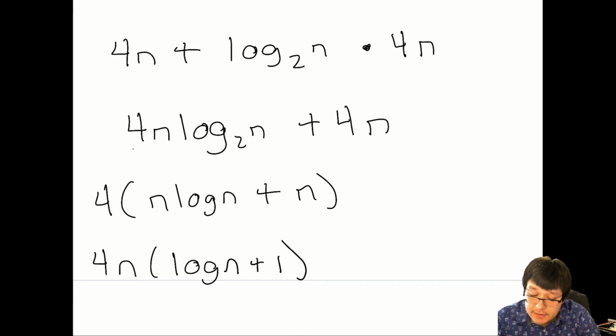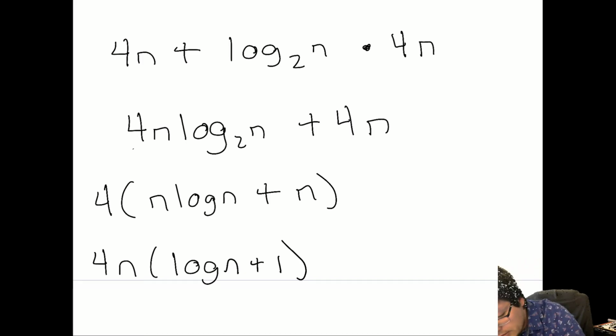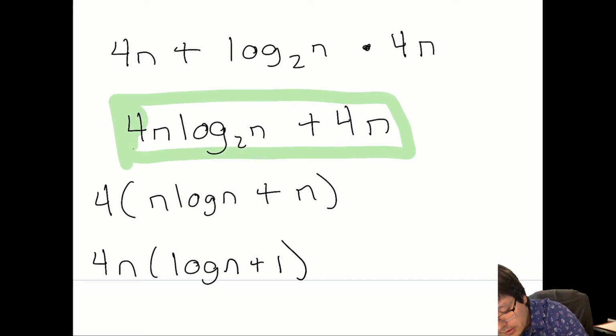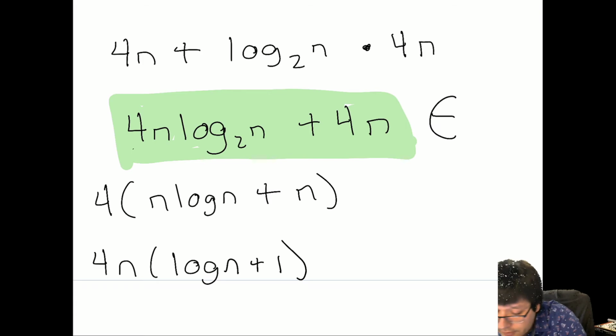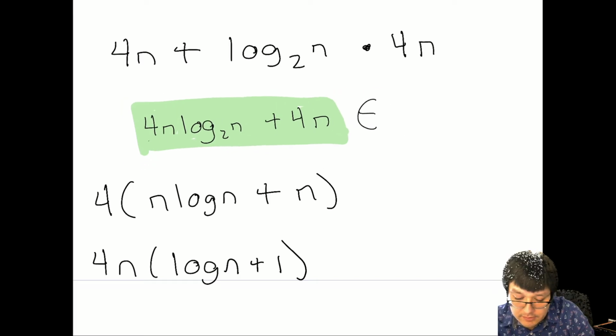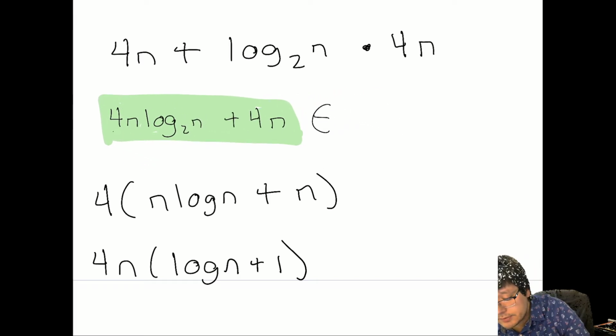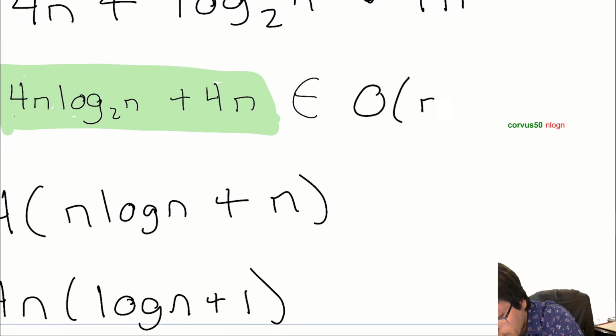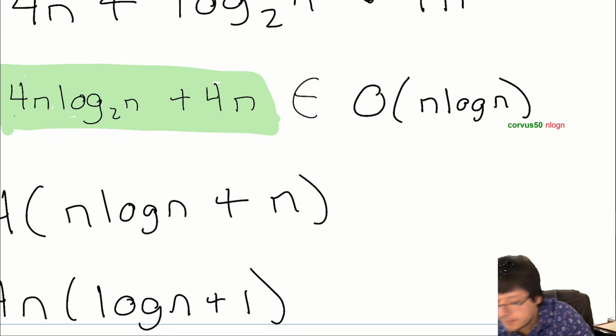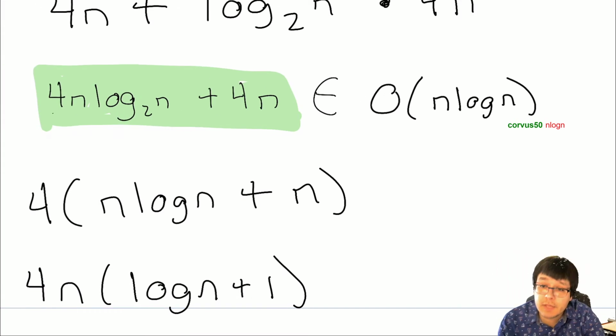However, I think that the best one of all of these is actually the top one here, because that's the one that explains more about what the asymptotic complexity of this is. Because I can now say, I have to shrink this a little bit to not run out of space, that this belongs to the asymptotic complexity class of n log n. Yes.